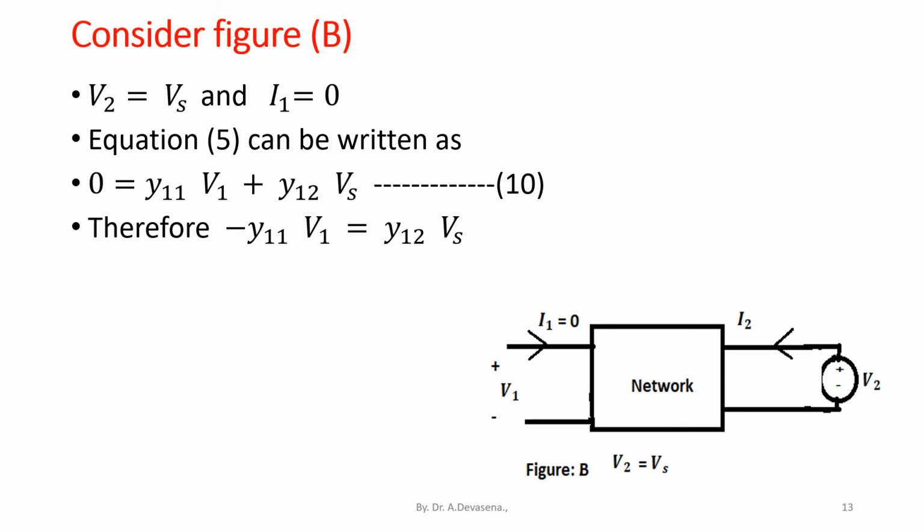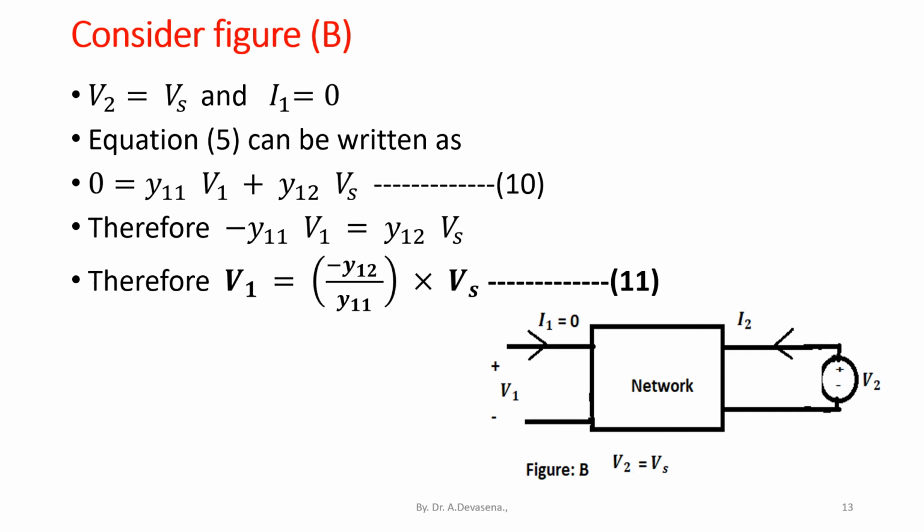Therefore, minus Y11 V1 is equal to Y12 Vs. That is, V1 is equal to minus Y12 by Y11 into Vs. Consider this as equation 11.